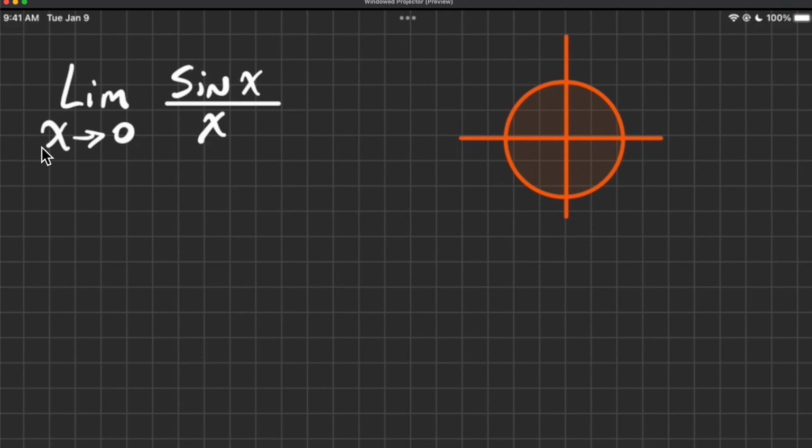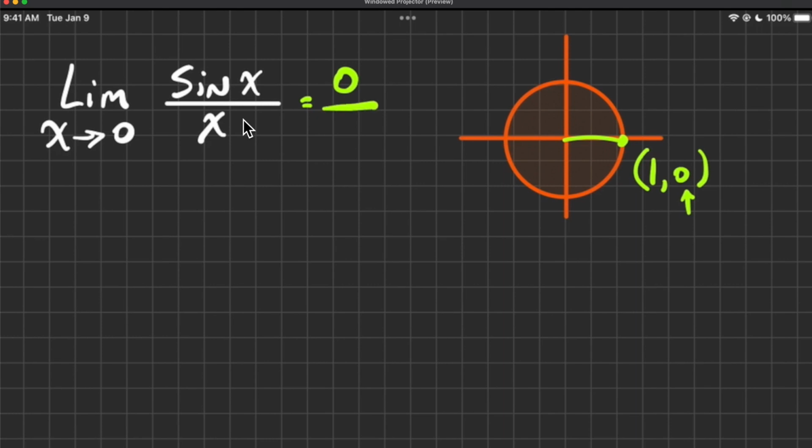So if we're at x equals 0, we're talking about the input angle of the sine. So we would be at 0 degrees right at this location, which features this point, 1 comma 0. The sine of that angle is going to be the y-coordinate. Therefore, the sine of 0 degrees is 0.